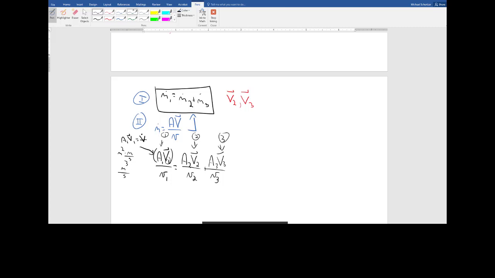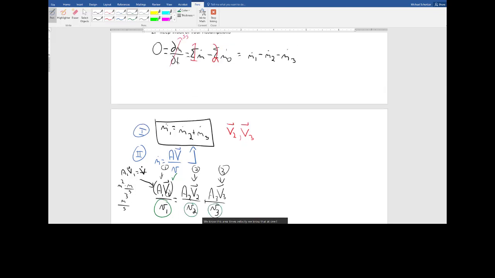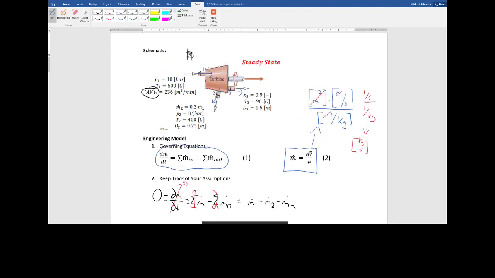You're welcome. So here we know this area times velocity. We know that at 1. I don't think I know any of these specific volumes, but I am told my diameters. And I know that I can either say that area is equal to pi d squared over 4, or pi times d over 2, which is the radius, squared.